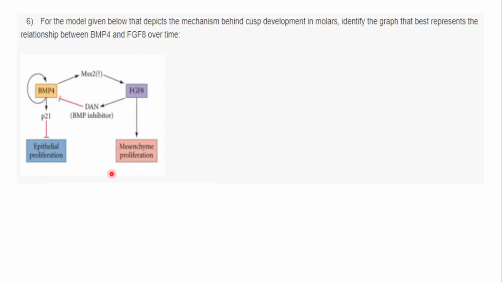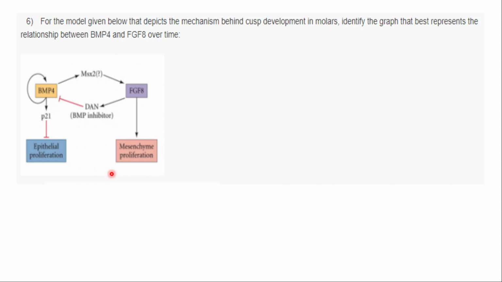Yes, you can see here. I couldn't accommodate the options in a single slide because the options were all graphs, and they would not be clearly visible if I put the options with the question. So I made a separate slide for all the options.